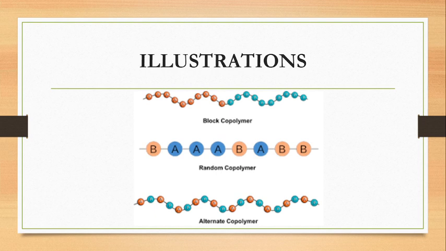Now, moving to the next one, this is a copolymer, having the monomer units A and B, but these monomer units are arranged in an alternating manner. So A starts, B, then next A, then B, then next A. You can see there's a regular arrangement there. Okay, I'm pretty sure you understand this illustration.